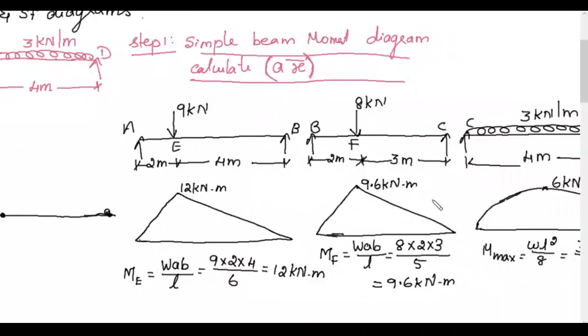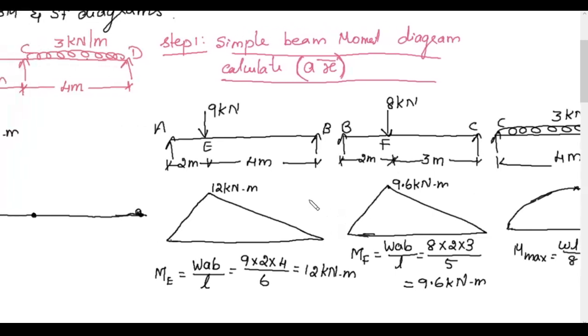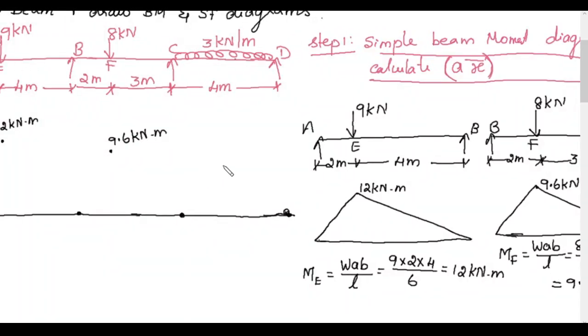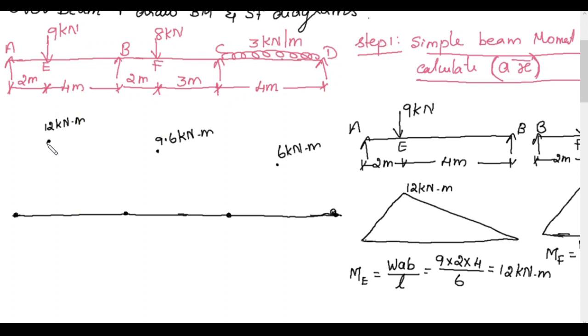And you can see this is a parabola. For the span CD, it is a parabola, and below this we have 6 kilonewton meter. These are straight lines, so the bending moment is linear, and in the span CD the bending moment is a parabola.